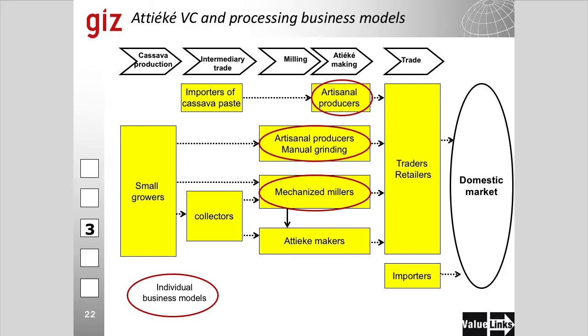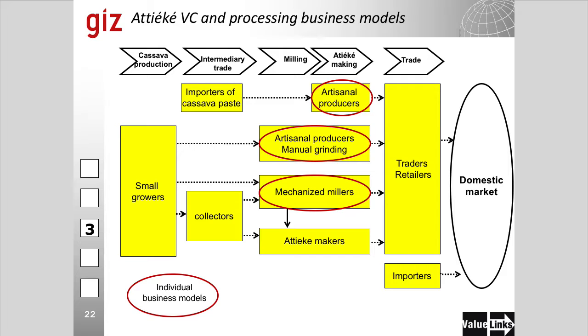It starts with producing cassava, and that's mainly small growers, smallholders. Then it goes to collectors of the cassava roots, and that is an intermediary trade, and then on to milling and attiéké making, milling the roots and making the produce.